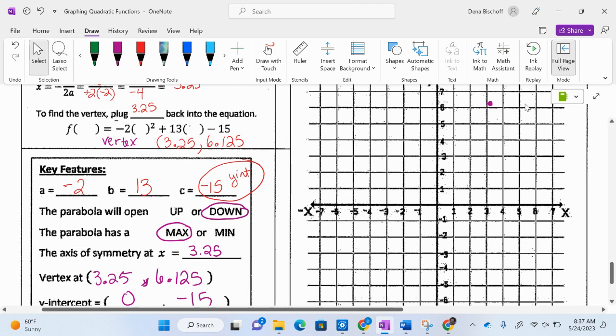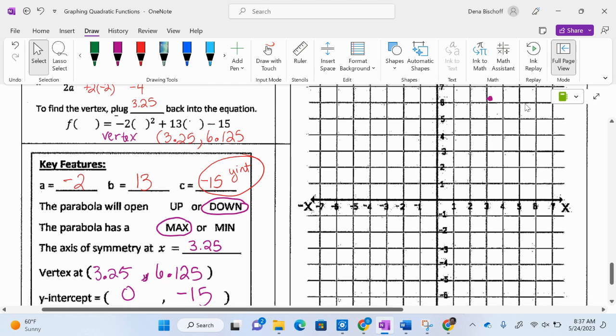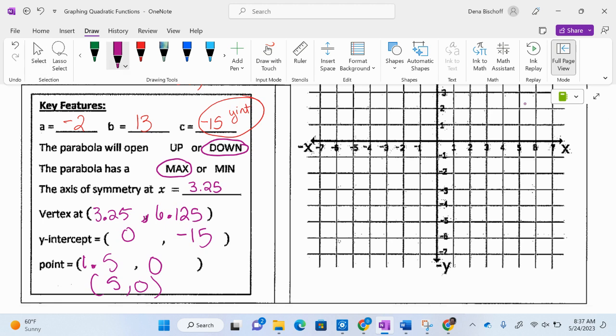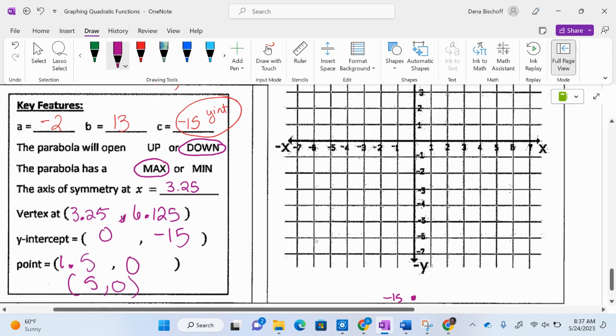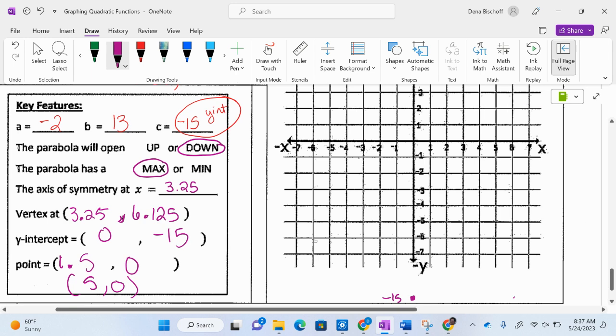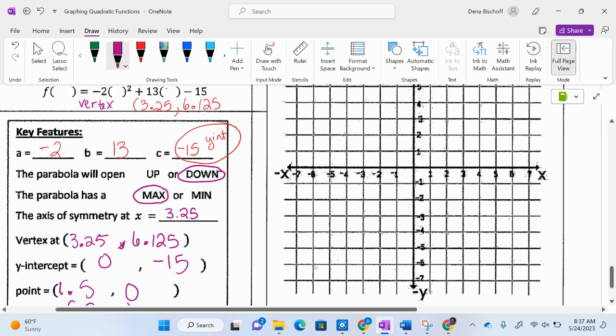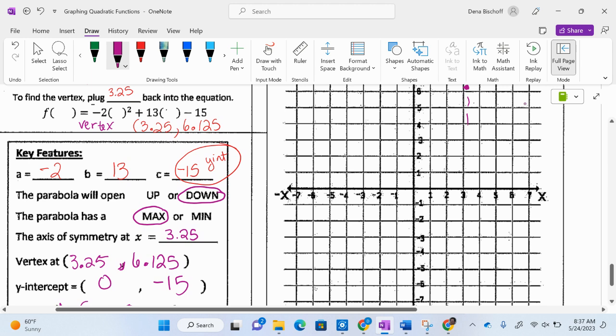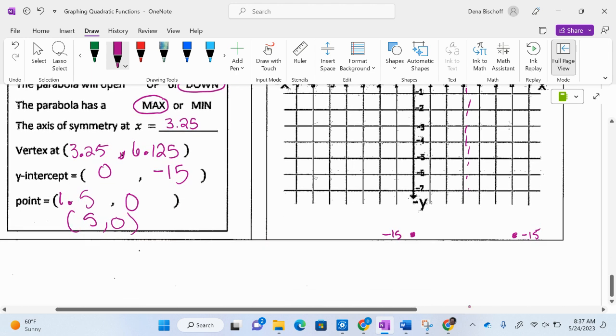I know that it crosses the y-axis at -15, which isn't even on my graph, but I'm going to pretend this is -15 right here. And I'm going to go over 3.25 this way and put another -15 because my axis of symmetry is right here. I'm just kind of splitting the difference.